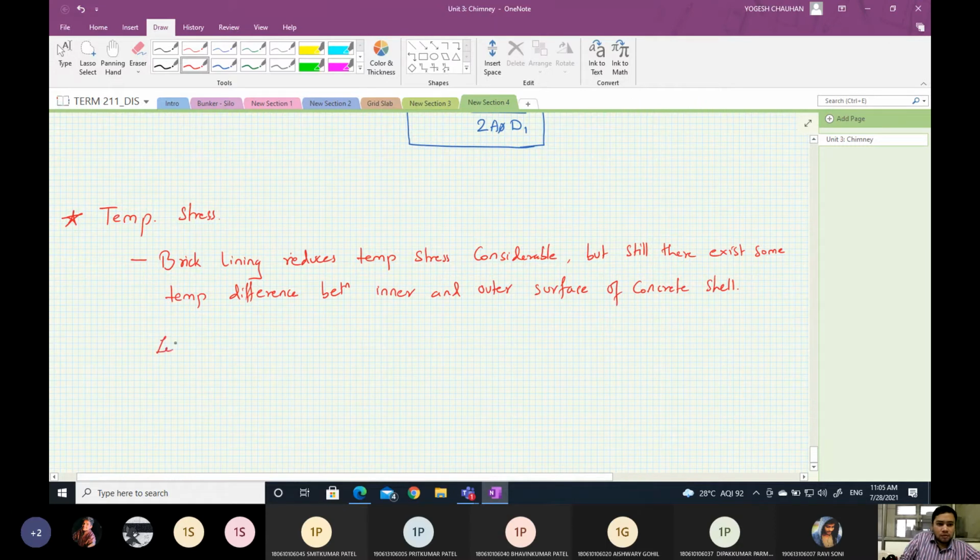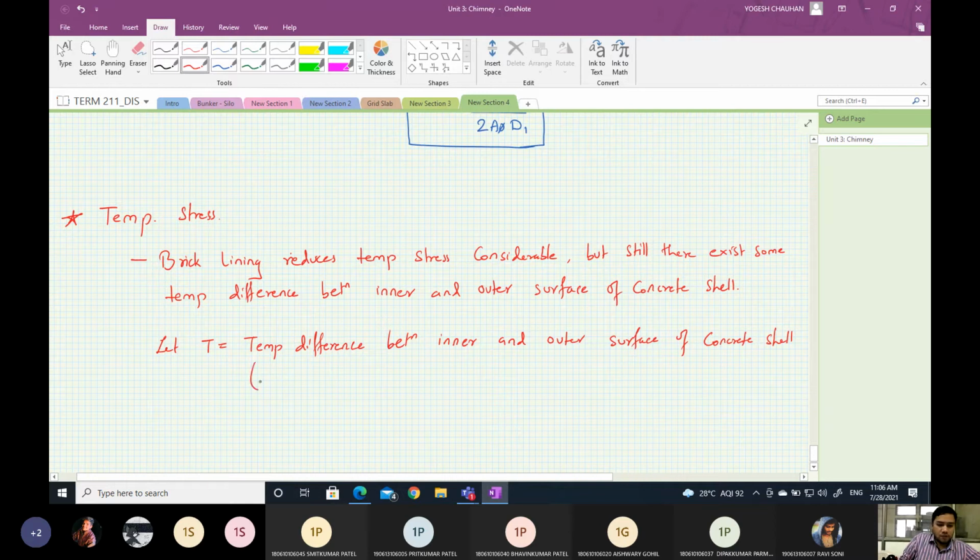So let T be the temperature difference between inner and outer surface of the concrete shell. Now this variation is a linear one.